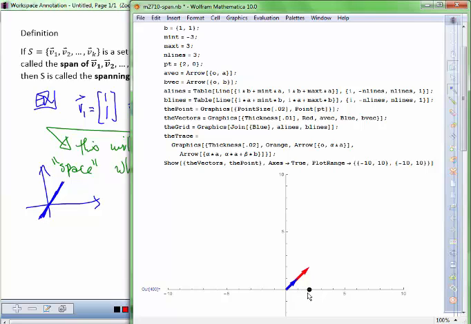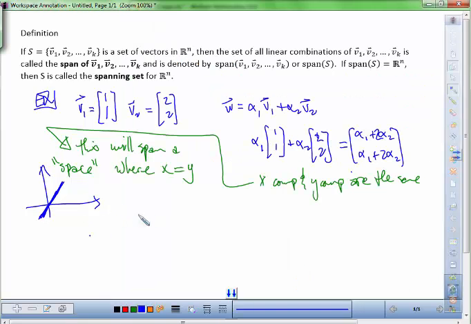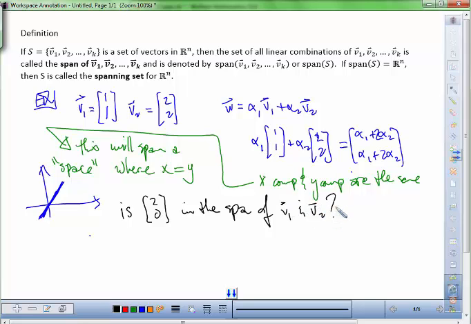So the question is, what was my point again? (2, 0). Is (2, 0) in the span of V1 and V2? So is my vector in the span?